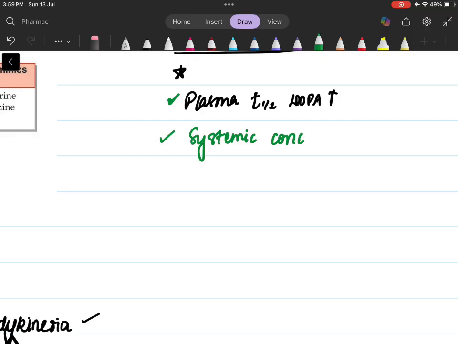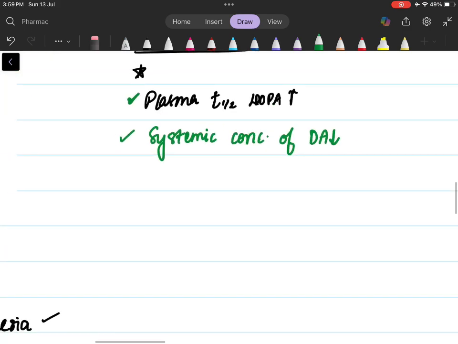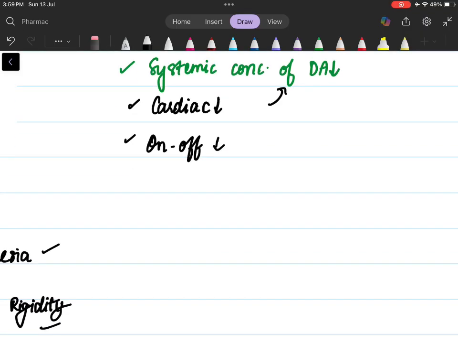Systemic concentration of dopamine will decrease. So all these nausea, vomiting, unnecessary peripheral actions of dopamine is reduced. Then cardiac complications is reduced, again, because of the same thing. On and off effect is minimized, and overall there is supposed to be a greater degree of improvement.